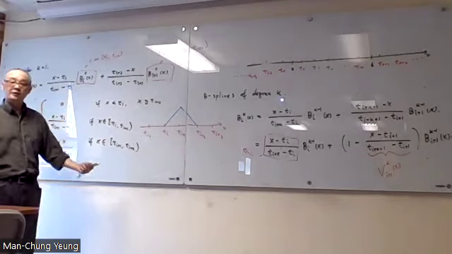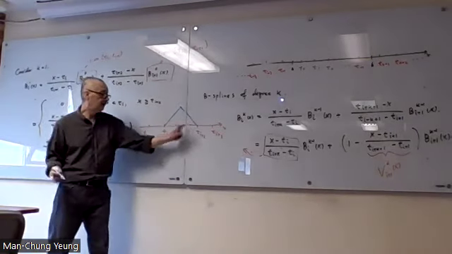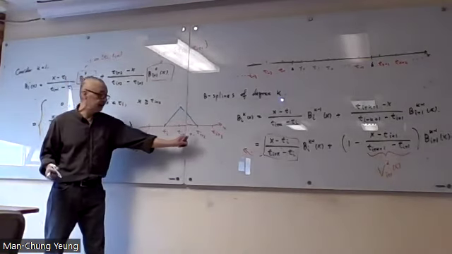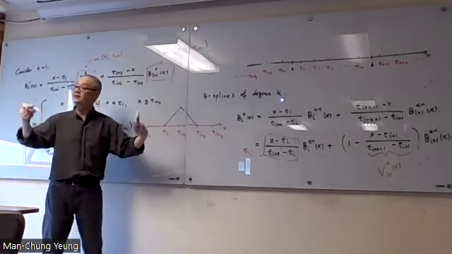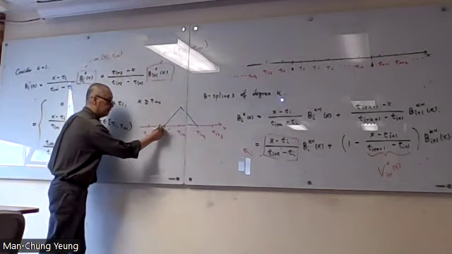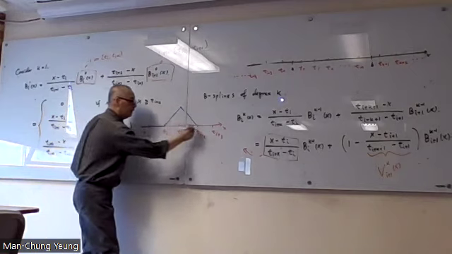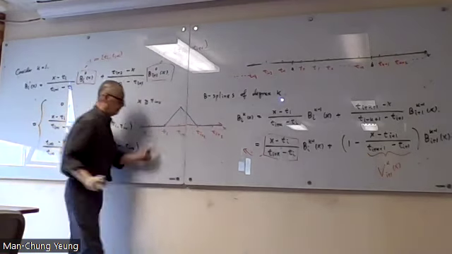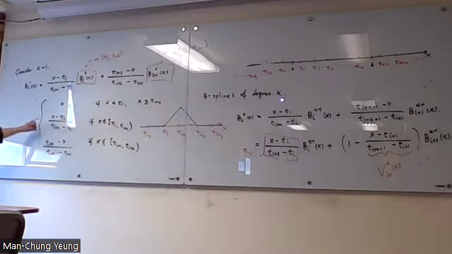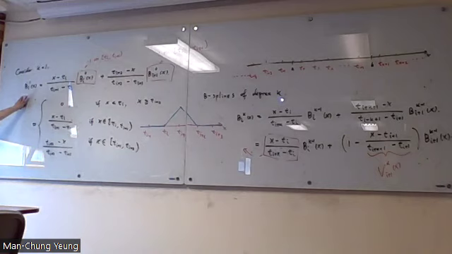How about the values outside from ti to ti plus 2? The function value is 0. This blue curve is the graph of this function. So this function is a piecewise polynomial of degree 1.